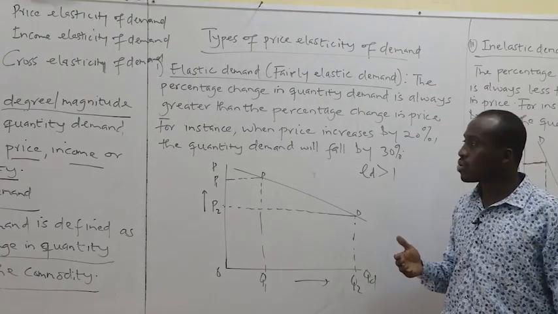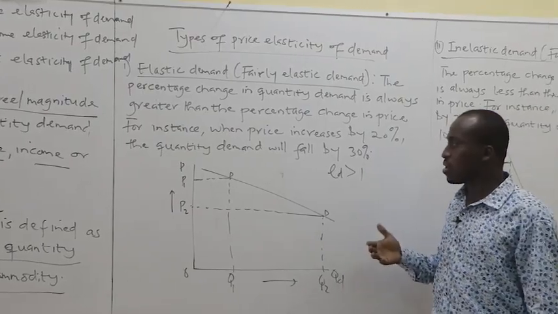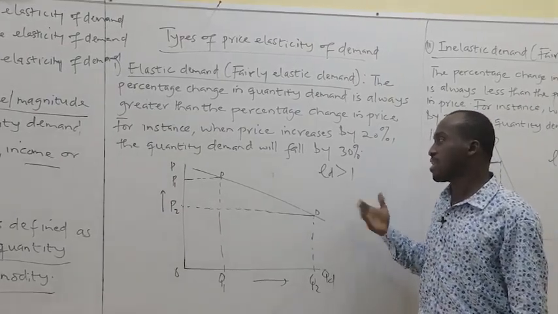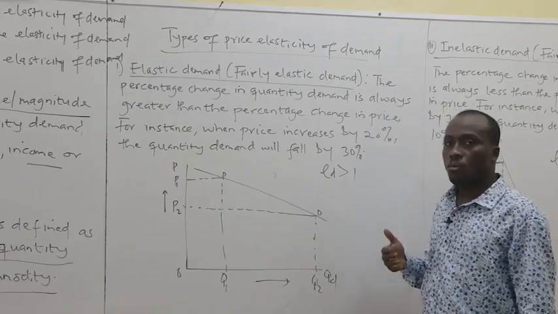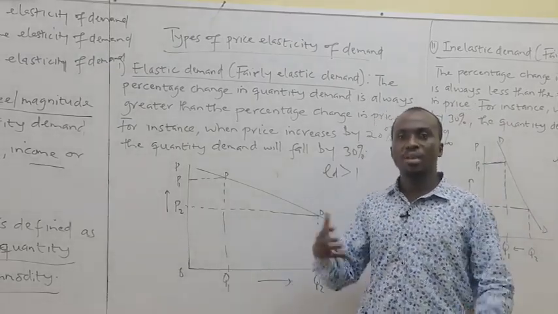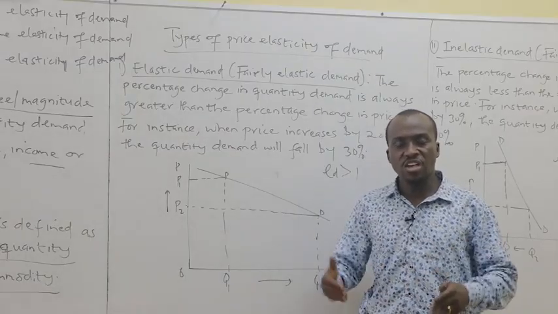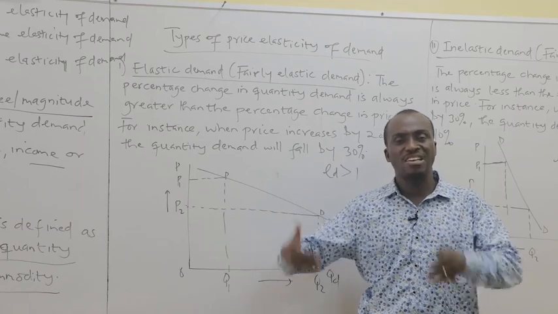For example, when price increases by 20%, the quantity demanded will fall by maybe 30%. With elastic demand, anytime price changes, the change in quantity demanded is always greater than the change in price.